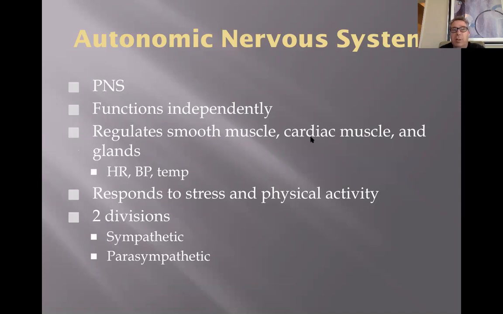So this is important because it doesn't need any stimulus. It needs to happen involuntarily, right? So that's the smooth muscle, the cardiac muscle, things that you don't need to think about. It does respond to stress and physical activity, and it's divided into the sympathetic and parasympathetic divisions.